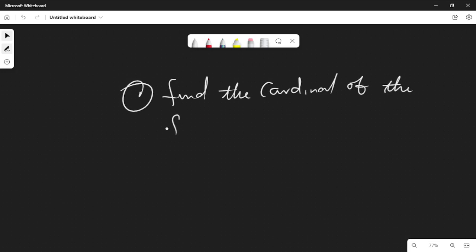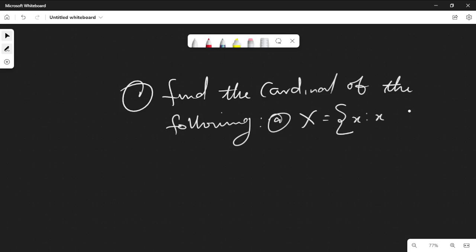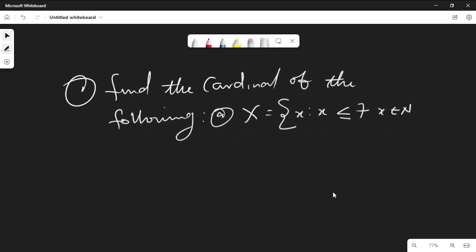A is a set of X such that X is less than or equal to 7, and X belongs to the set of natural numbers.